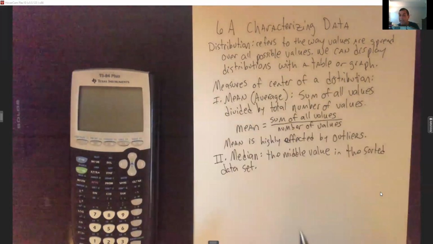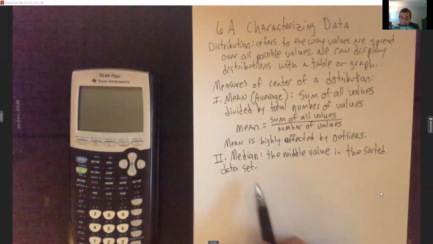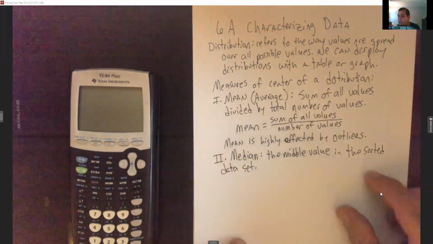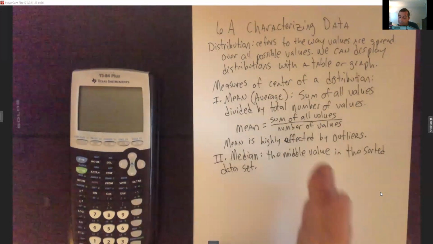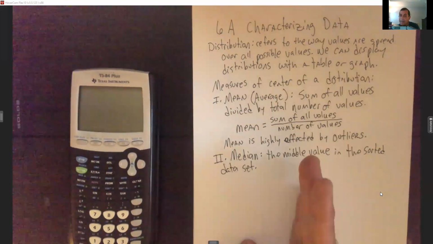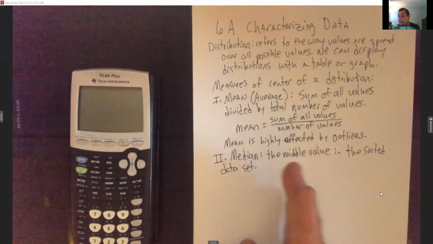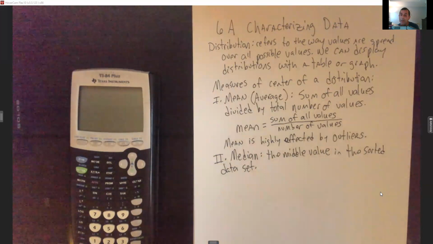So what they mean is you would put your data in order from small to large, or you could go from large to small. And then you're going to look for what that middle number is. That's going to be your median. Now that would be for an odd data set. If you had an even number of data, then you would take the two most center values, add them together, and divide by 2. Okay?